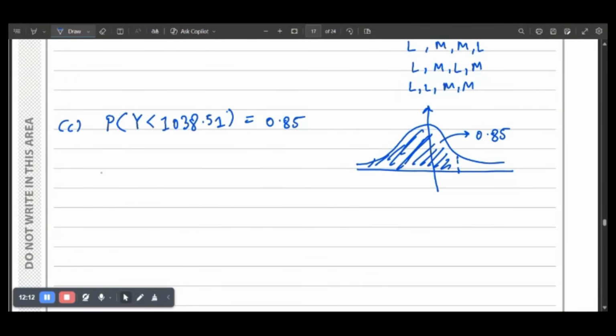What we can do is convert this into a standard value. So we can write y less than 1038.51 minus the mean, which is 1024, divided by our standard deviation, which is sigma. This will give 0.85.